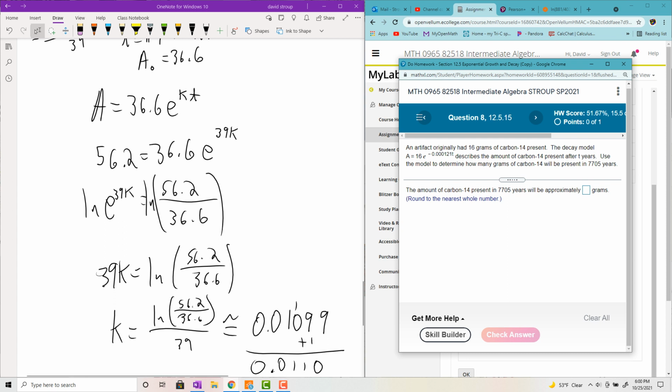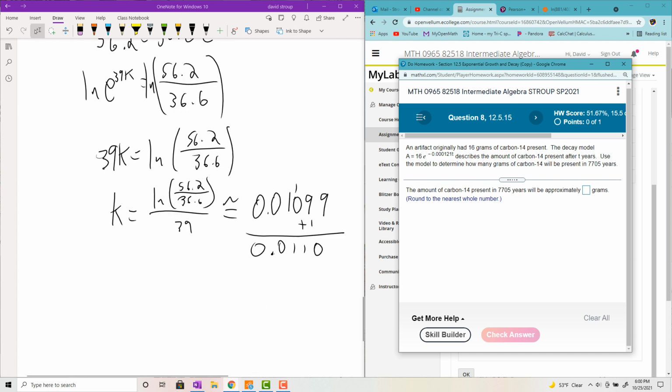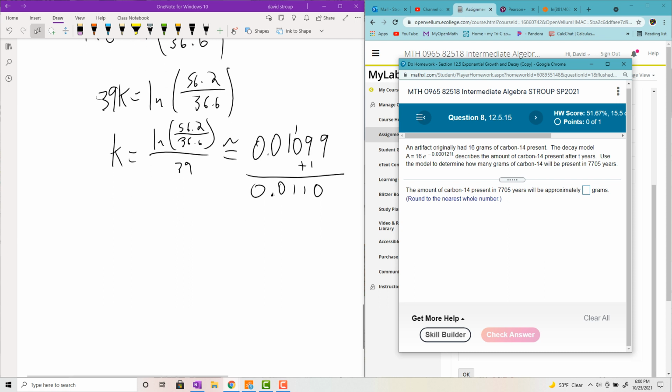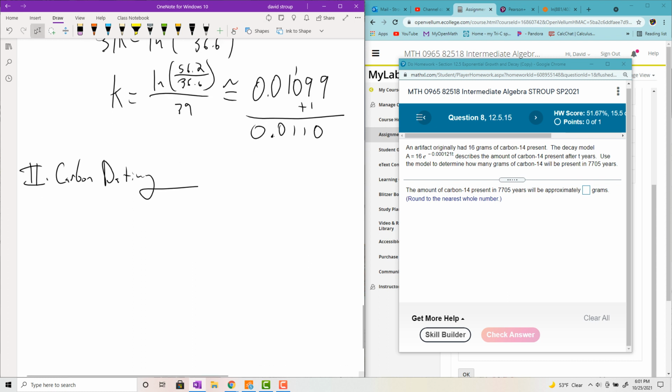Okay, so now question 8 takes us to radioactive decay problems, and in particular here, it's carbon. This is one of the carbon dating problems, so we want to take a look at that. In order to work with carbon dating, you need to kind of know the half-life of carbon.